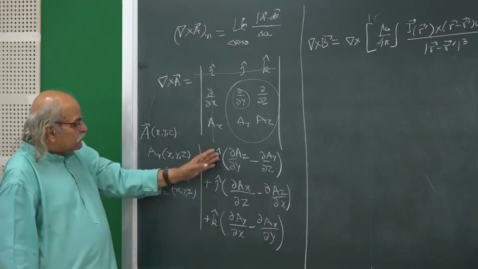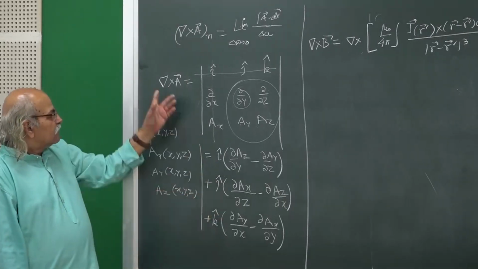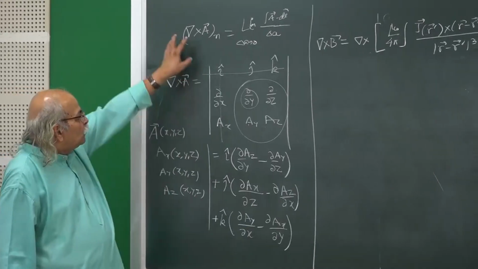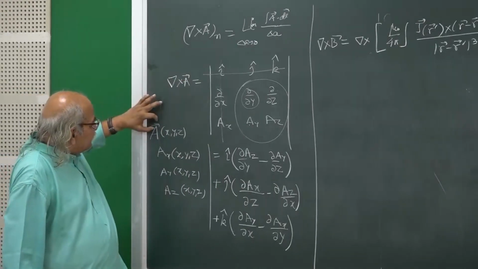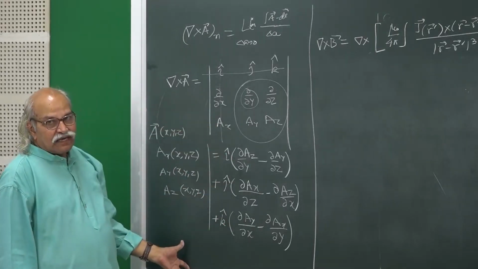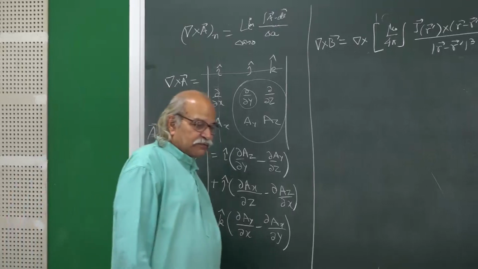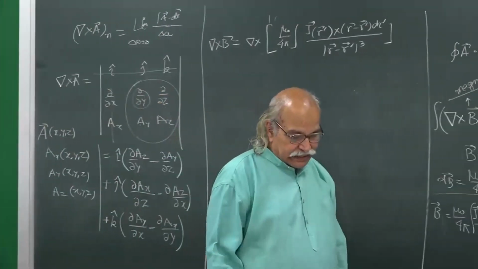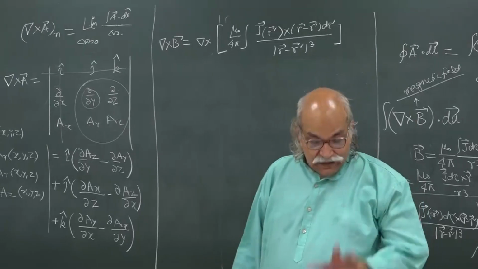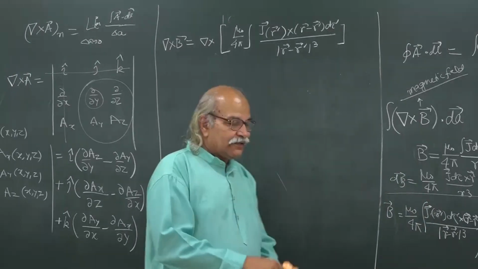You have all the three components, and the curl of A is ready. So, if you know the vector A in terms of coordinates, you can write such expressions. I do have in the book expressions in cylindrical and spherical polar coordinates, but when it is needed I will use that.